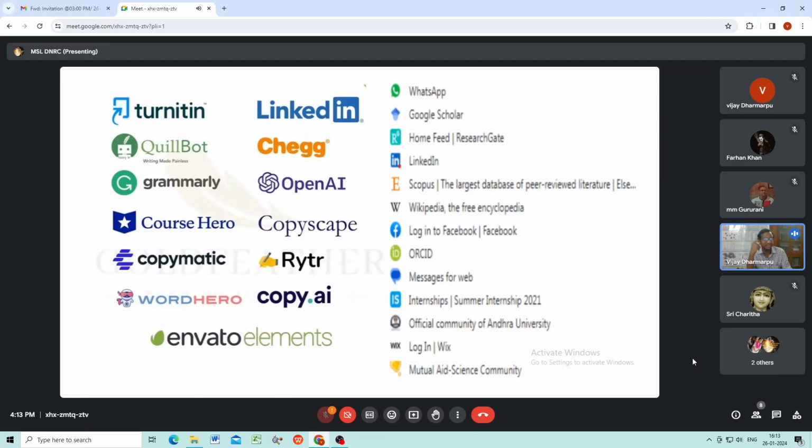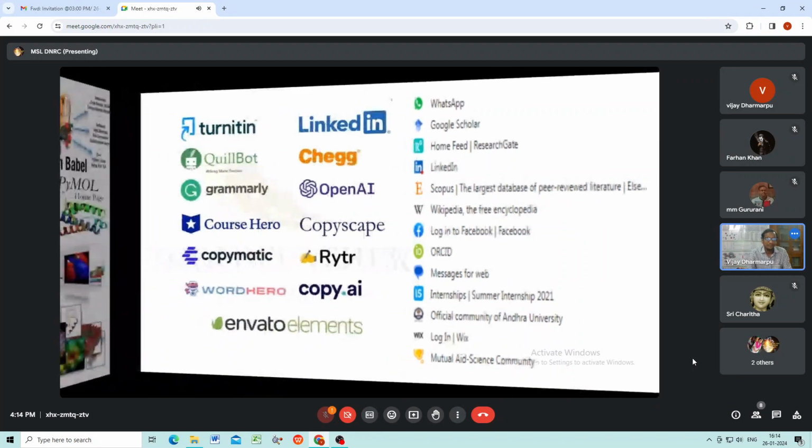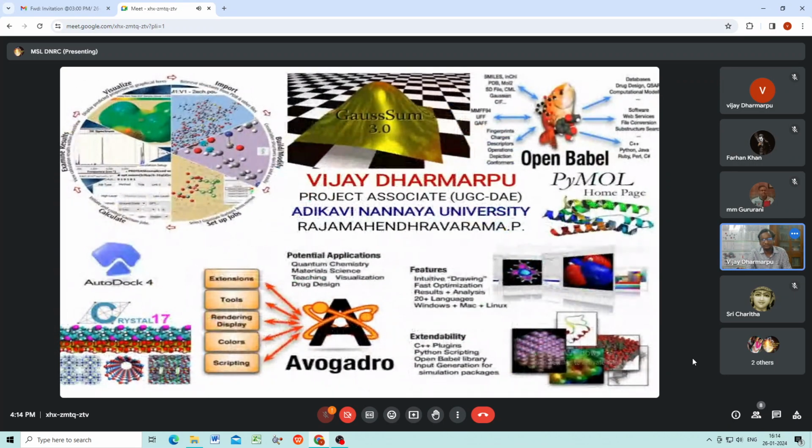I just present you some ideas of platforms. We have large platforms, LinkedIn, ChatGPT, OpenAI, and many things have come. But regularly I go with WhatsApp and Google Scholar, ResearchGate, LinkedIn, Scopus, Wikipedia, Facebook, ORCID, messages, and some other organizations also. So finally, I give you my work view.